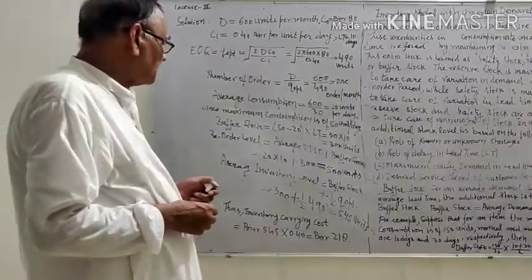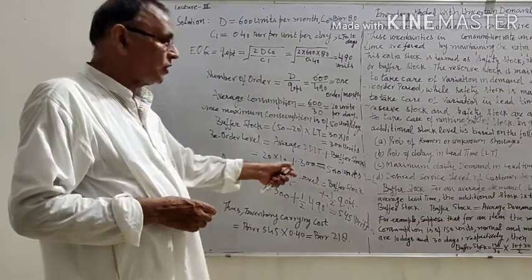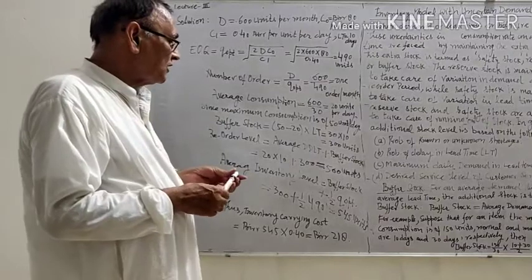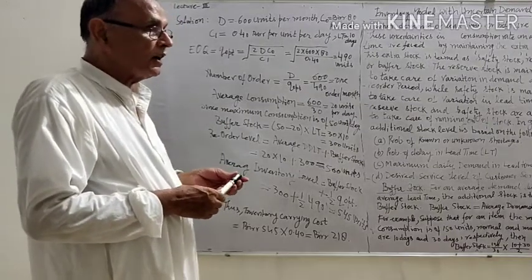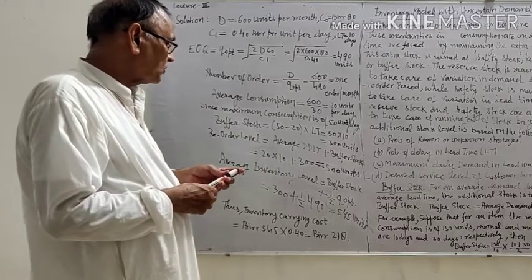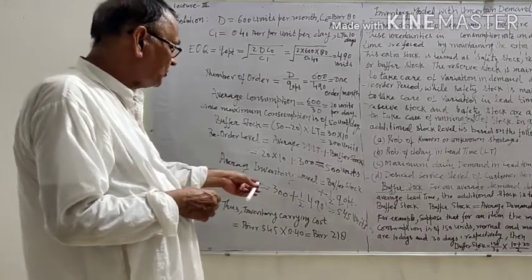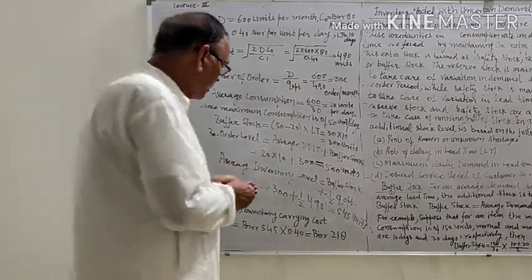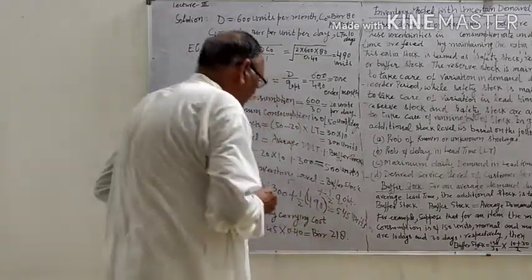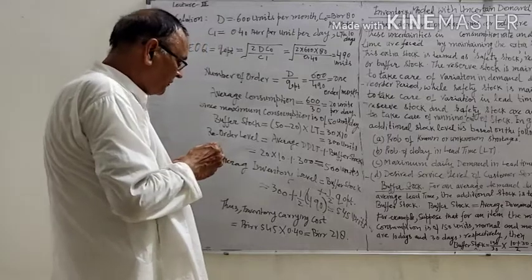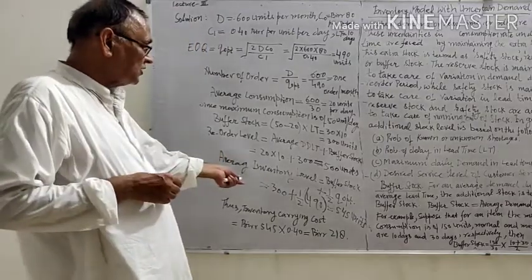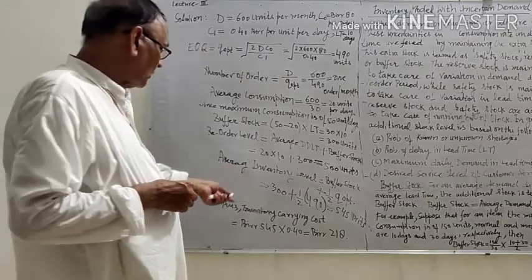So the total inventory is buffer stock plus the optimal quantity to be kept in inventory, which is half Q. So buffer stock plus half Q, half of 490, is equal to 545 units, and thus this inventory includes the buffer stock also.